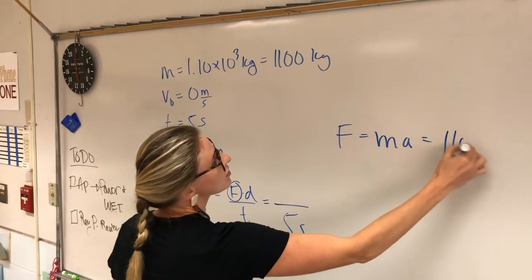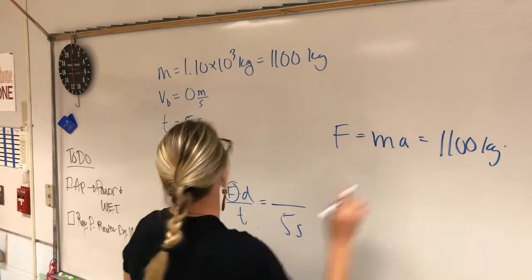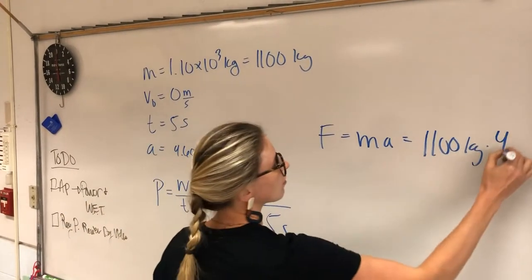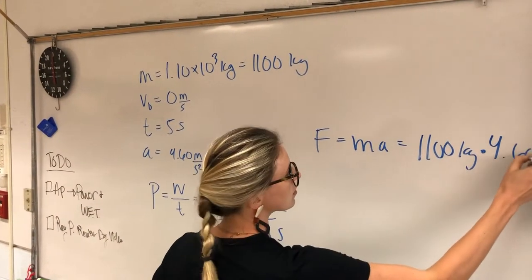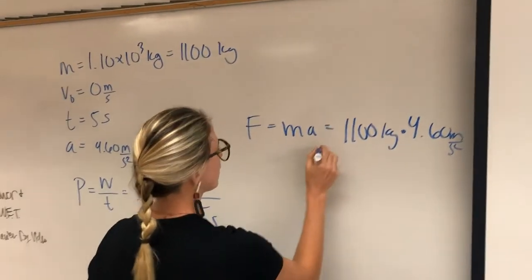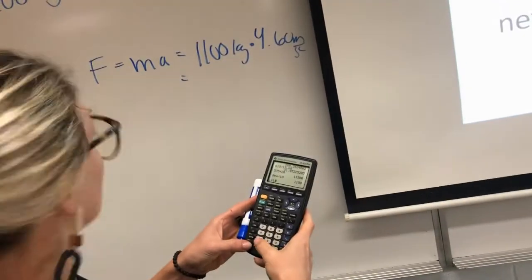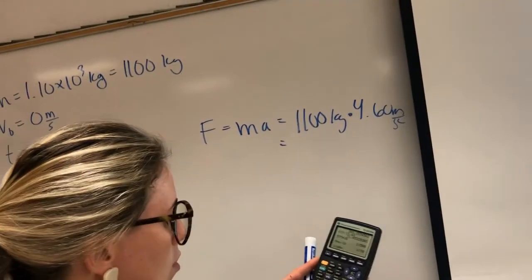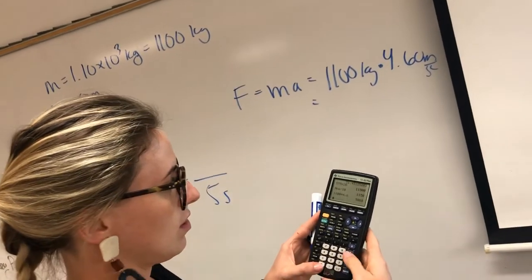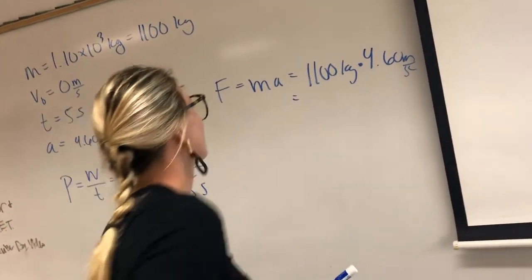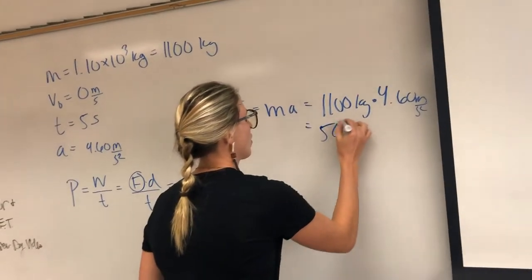So 1100 kilograms times 4.60 meters per second squared. 1100 times 4.6 gives 5060. So now we've got the force.